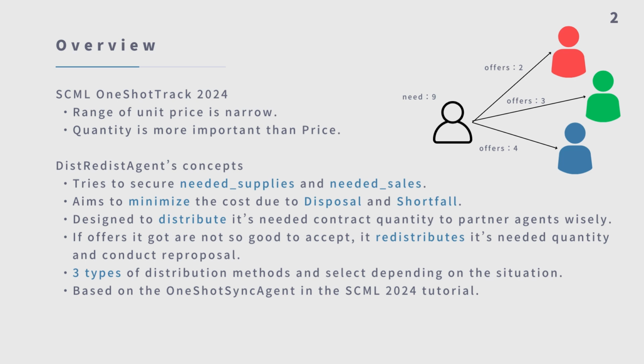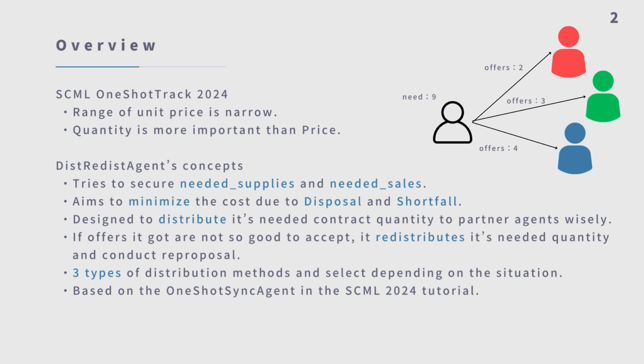First, my agent tries to secure needed supplies and needed sales, and aims to minimize the cost due to disposal and shortfall. Also, my agent is designed to distribute its needed contract quantity to partner agents wisely. If offers my agent got are not so good to accept, it redistributes its needed quantity and conducts reproposal.